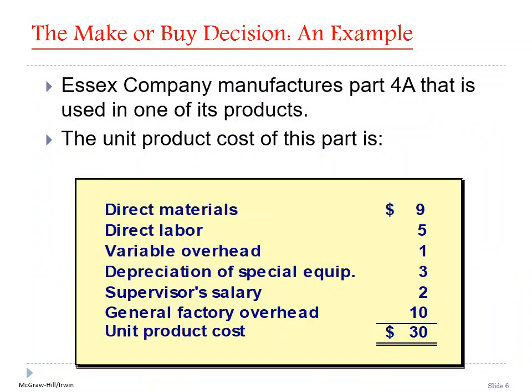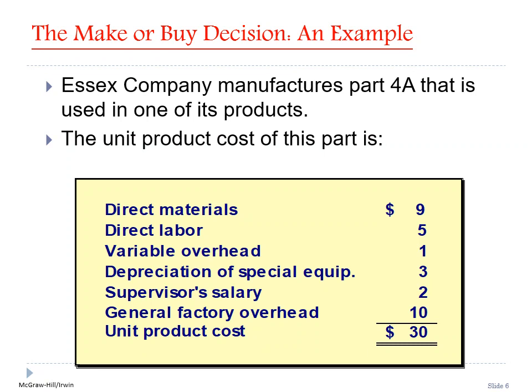To understand how we can make a decision about whether to make or buy a particular part of a product, let's take this example. Essex Company manufactures a part 4A that is used in one of its products.